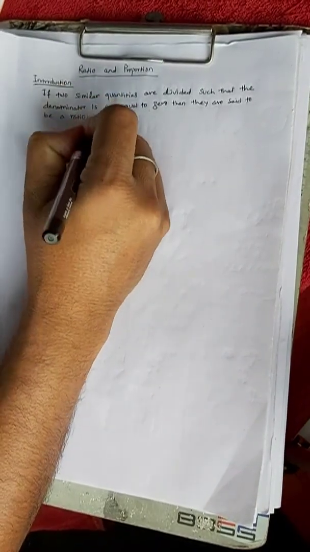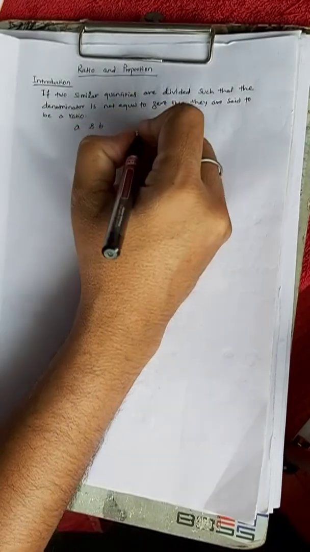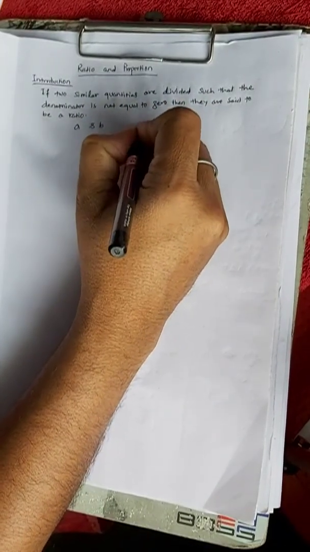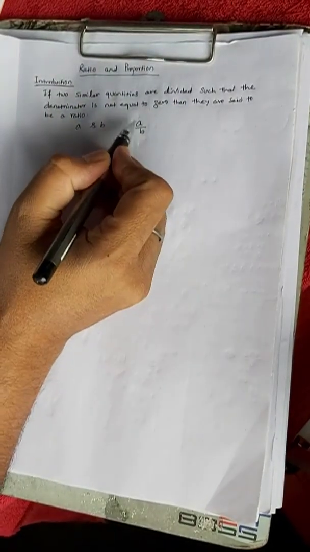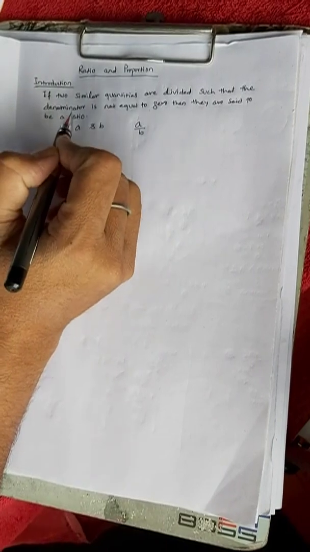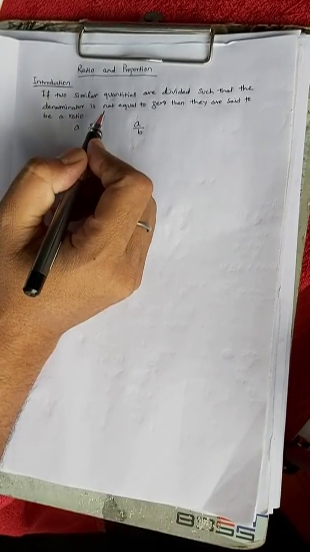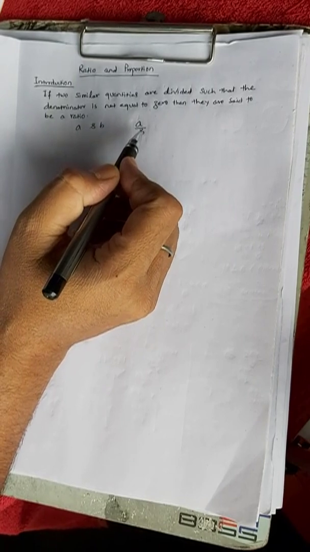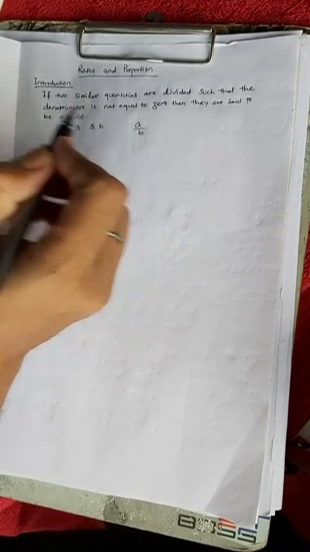Suppose two quantities are given like A and B, and if you are writing A by B, this is called the ratio. The most important thing is that we can find the ratio of two similar quantities. If two quantities are different from each other, then the ratio cannot be found out. It is not an authorized ratio.